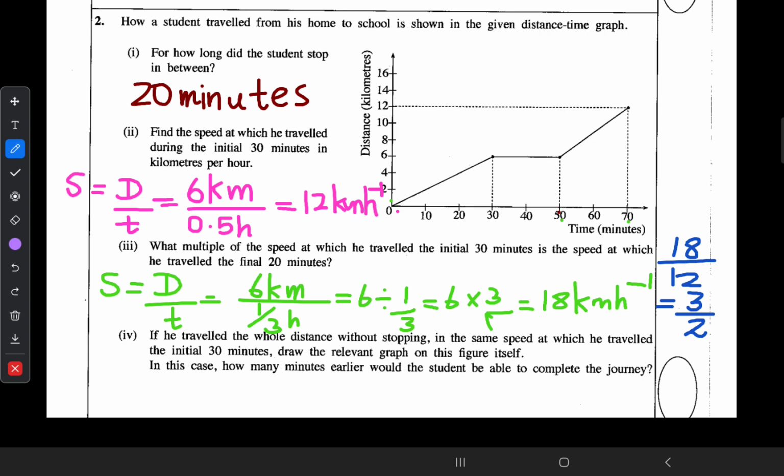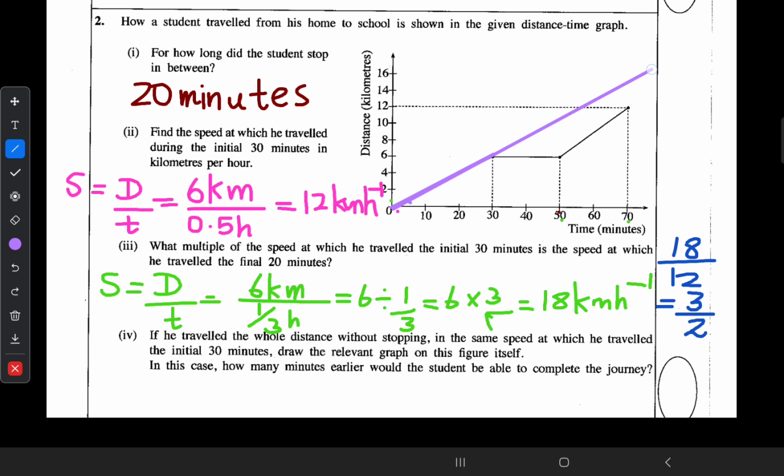So if we start to go like this, this is a straight line, starting from here going up to here. Without stopping, if the student had not stopped, the graph should be like this. Without stopping means you should extend the same graph until it reaches 12 kilometers.